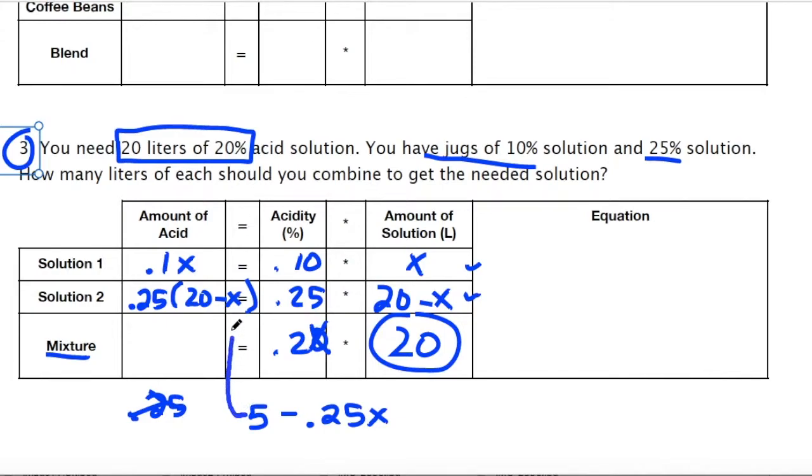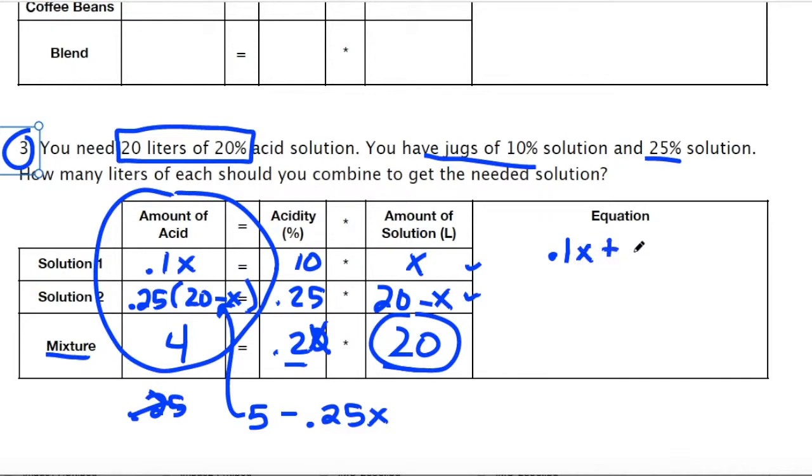That could go in that box as well. And then the mixture is 20 times 0.2, which is 4. So we're going to be looking at this information right here to set up our equation. We need solution 1, which is a 10% mix, plus solution 2, which is 5 minus 0.25x, and we want that to be equal to 4, which is the total mixture that we need.